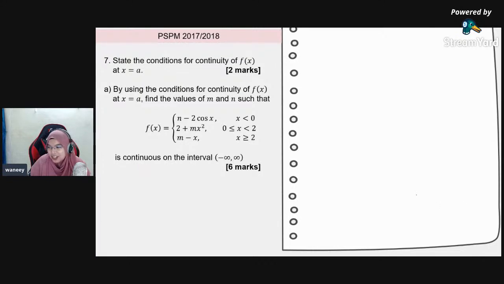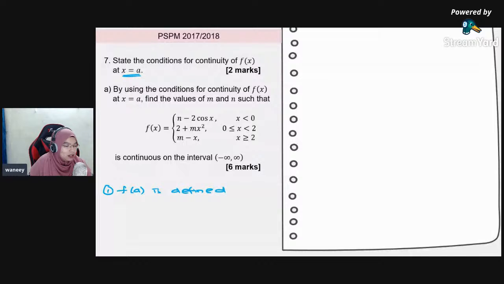Okay. So, 44. Oh, dah dapat dah. Macam ramai dah dapat jawapan. Okay, mari kita tengok. So, state the condition. We have 3 conditions. The first one, f of A is defined. Kalau kita nampak x equal to A, yang ini pakai FA.